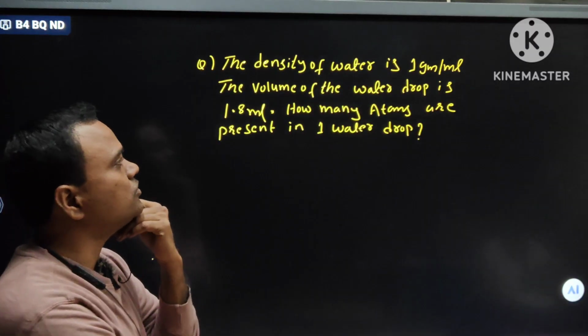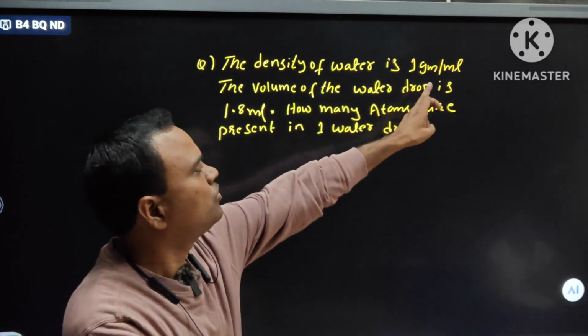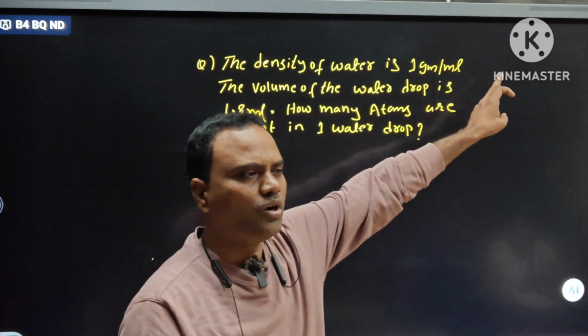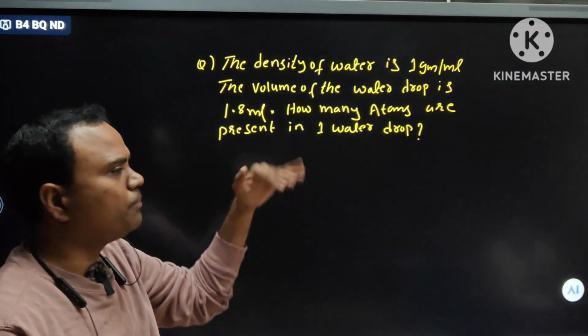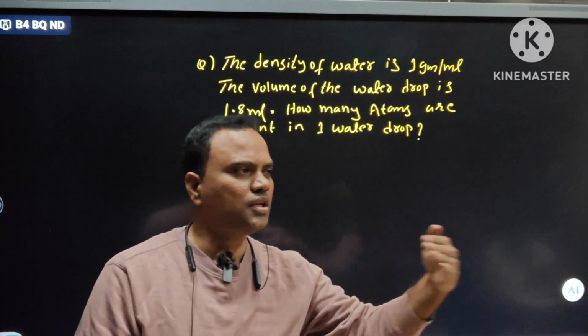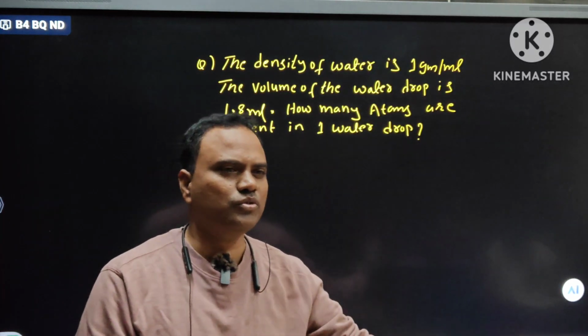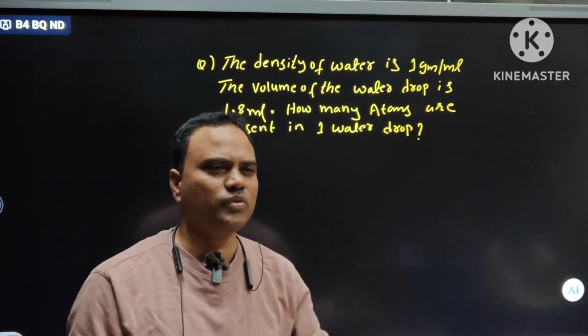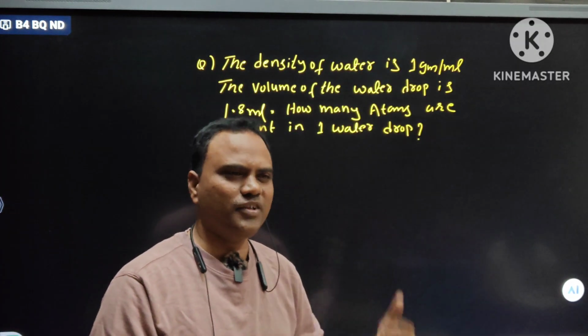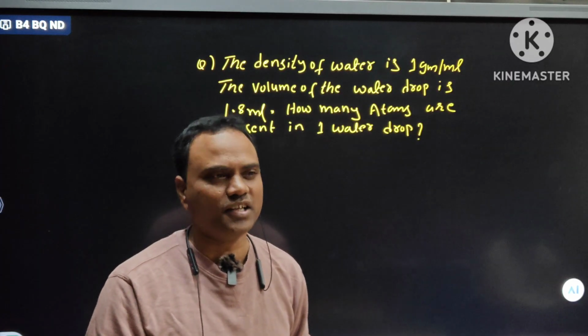One hint is given to you. 1 ml water weight is 1 gram. 1.8 ml is 1.8 grams. For 1, 1. For 2, 2. For 1.8, 1.8. Over. Clear? So weight is given there only indirectly, 1.8 grams.